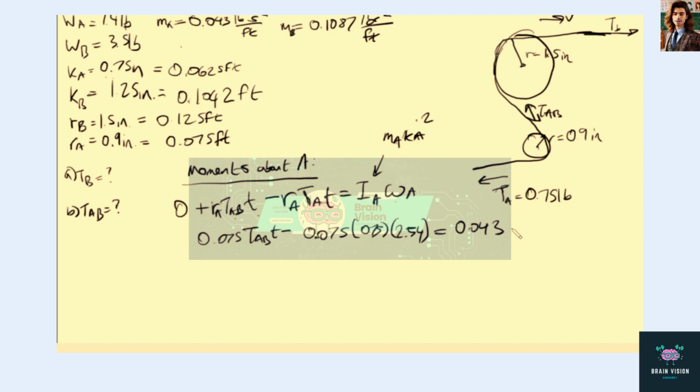So that is going to be 0.043 times KA squared, which is 0.0625 squared, times omega A, which is, oh yeah, we haven't calculated that yet. So omega A is going to be equal to V over RA.